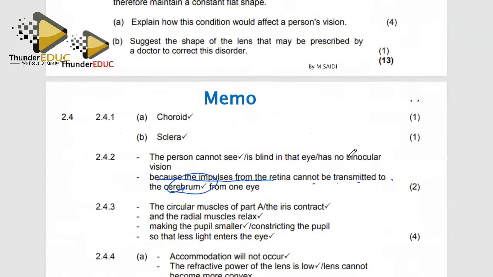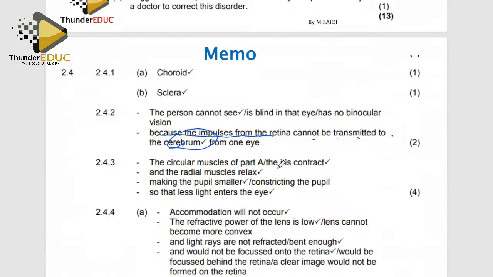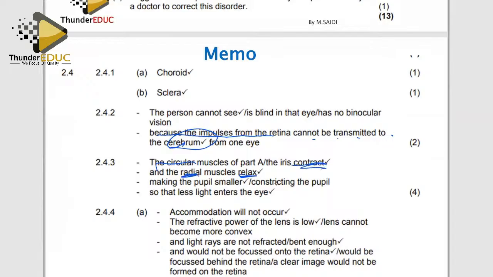Yeah, so thank you so much. Your answer is right. The circular muscles of part A, that is the iris, will contract, while the radial muscles will relax.